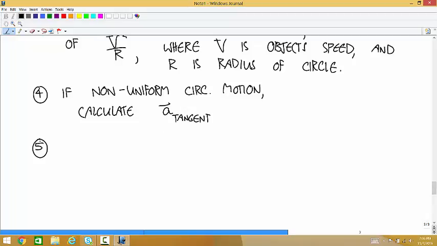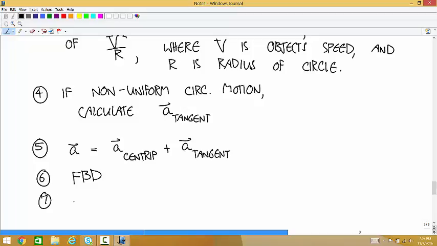And then 5, the total acceleration is always equal to the centripetal plus the tangential. Six, draw a free body diagram. And 7, use Newton's second law. So that's what we're going to do just over and over again with these problems.